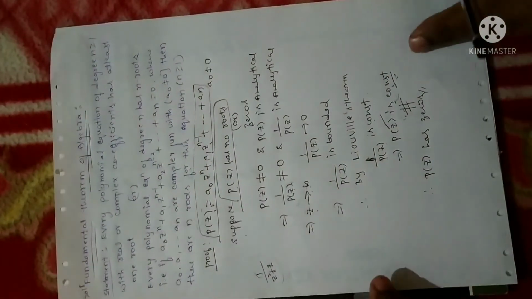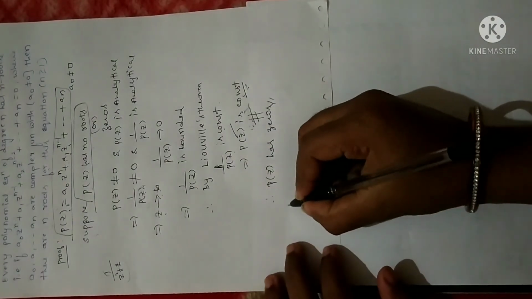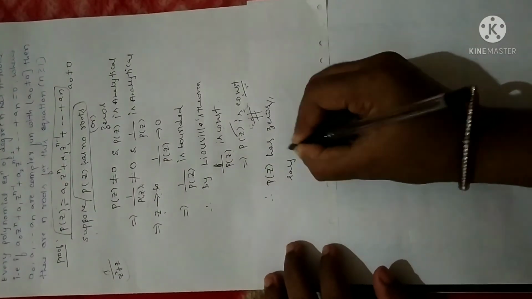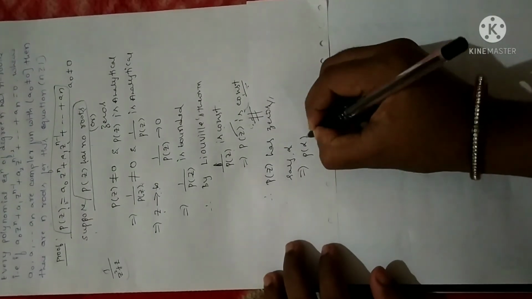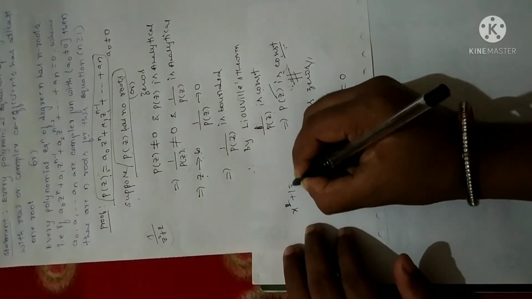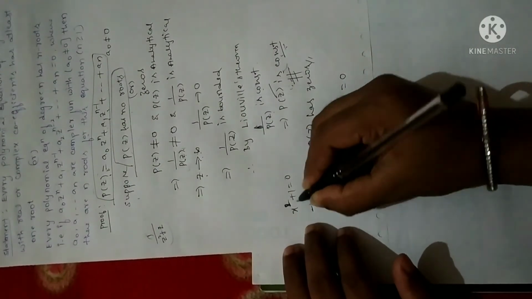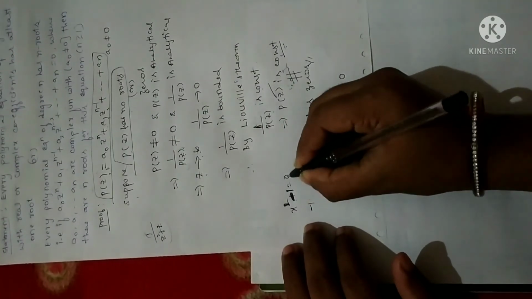Since we have proved p of z has zeros, let me take the zero as alpha, say alpha 1. If alpha is a zero, I can write p of alpha is equal to 0, right? For example, suppose I have an equation x square minus 1 is equal to 0.